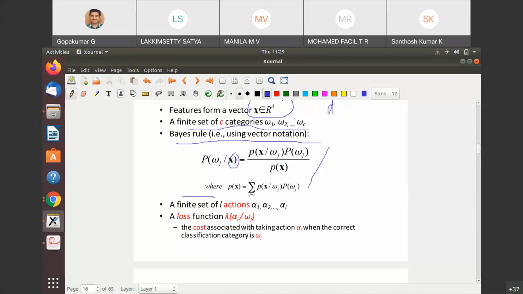For example, in a medical domain, based on the decision we propose, this action can be a prescription for a set of medicines or a particular lab test, etc. So we are not simply saying that it is a positive or negative case, but you go for a set of actions based on the prediction. That depends on the problem and how you are defining it.